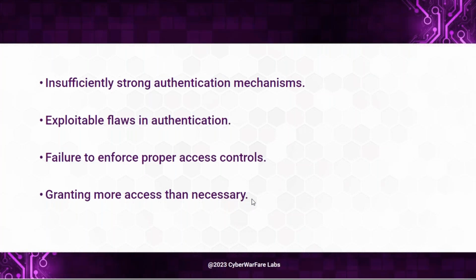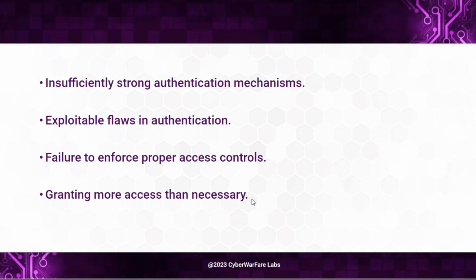Next, granting more access than necessary. This refers to a security problem in authentication and authorization flaws. This happens where the API grants users or applications more permissions or access rights than they actually need for their intended tasks.